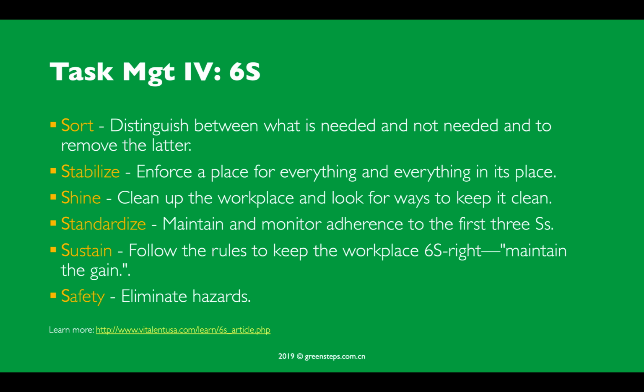And in the last step, the 6S is about safety. We eliminate hazards. So this is maybe not so much important for office work, but it is definitely important for our activities outdoors, where we need to do a risk assessment and just make the environment safe for our children to participate.